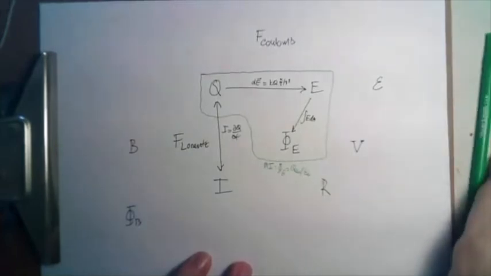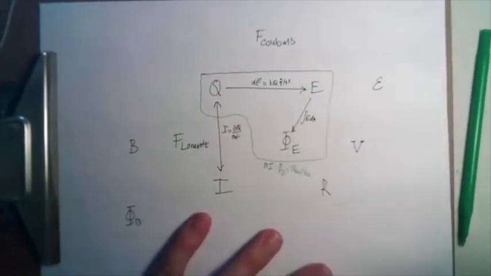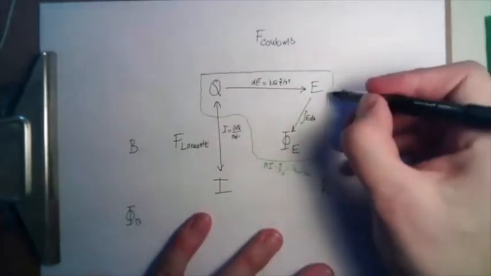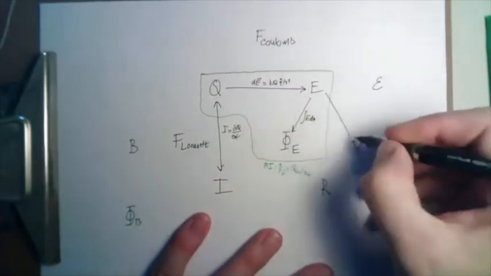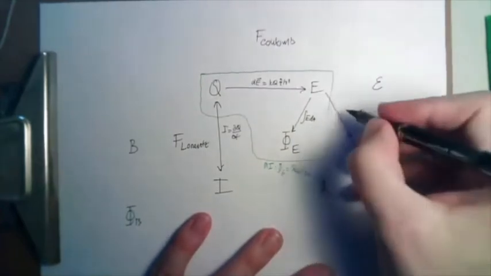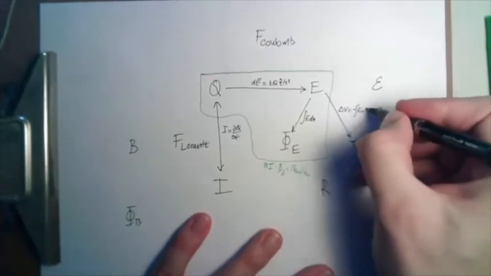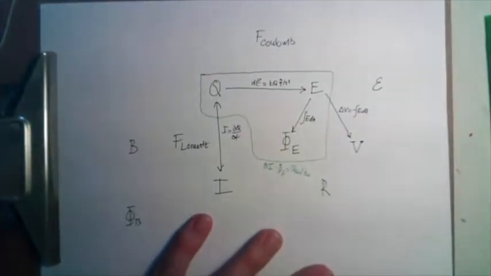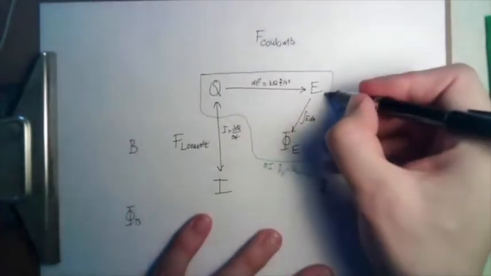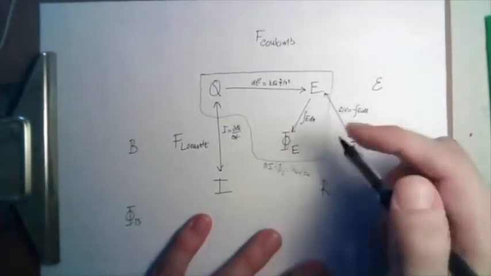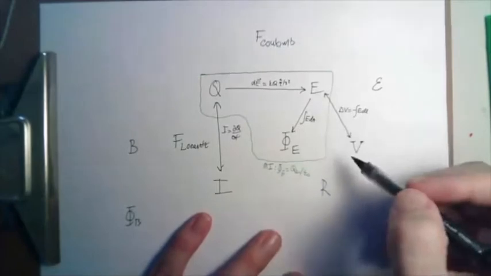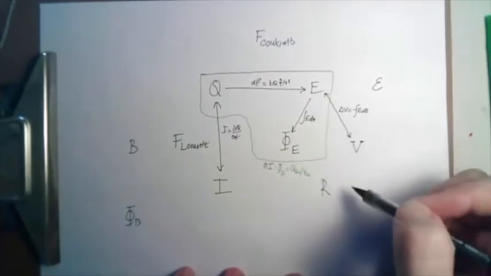All right, so that was our first one, and then we said, well, there's an associated quantity that is delta V is minus the integral of E dL. And you can go back and forth. You can take the integral. You can also take the partial derivative if you're going in the opposite direction.